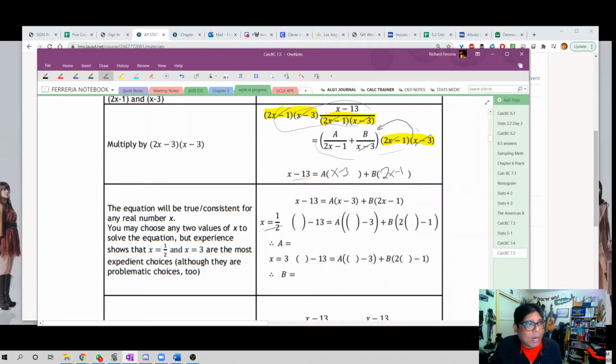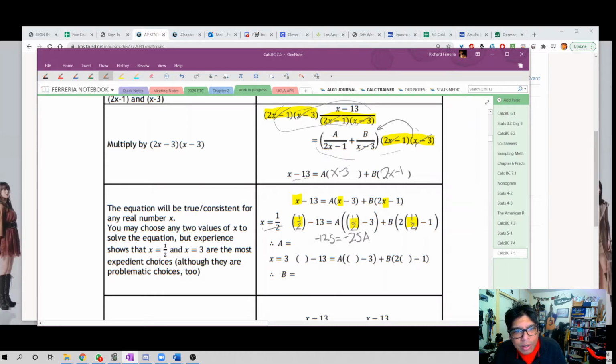Okay, if x is 1/2, that means I'm going to substitute 1/2 for all my values of x. 1/2 minus 13, that's negative 12.5. This is 1/2 minus 3, and 1/2 minus 3 is negative 2.5A.